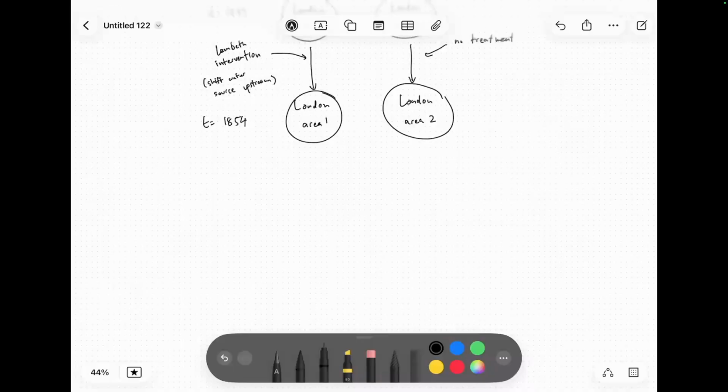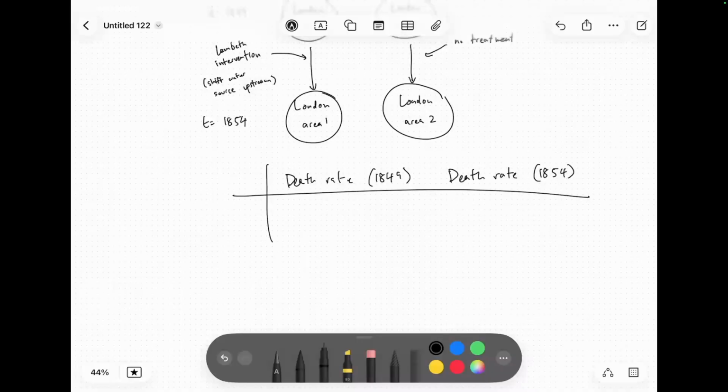So if we look at the data, it might look something like this. Death rates in 1849, and then death rate in 1854. Here we have our non-Lambeth group, that's our control group, and then we have our Lambeth intervention.